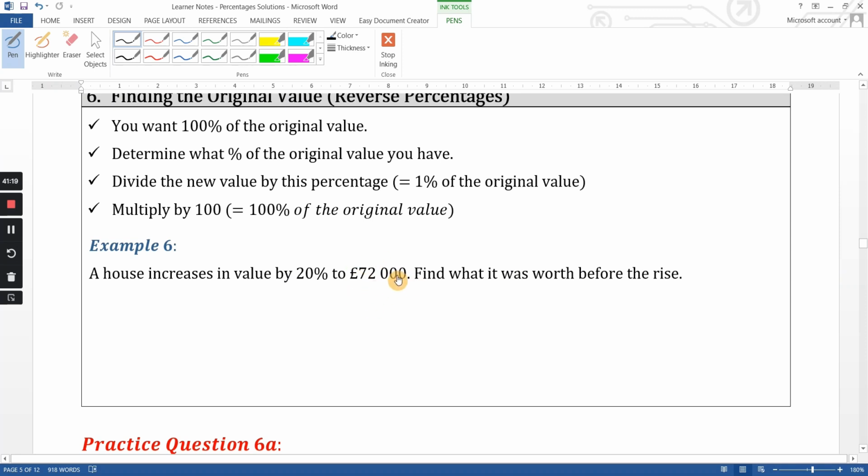So this £72,000 must represent 120% of the original. So this is equal to £72,000. Okay, we want 100%.